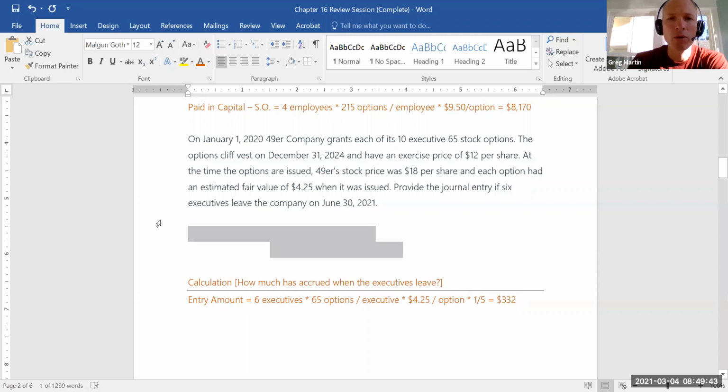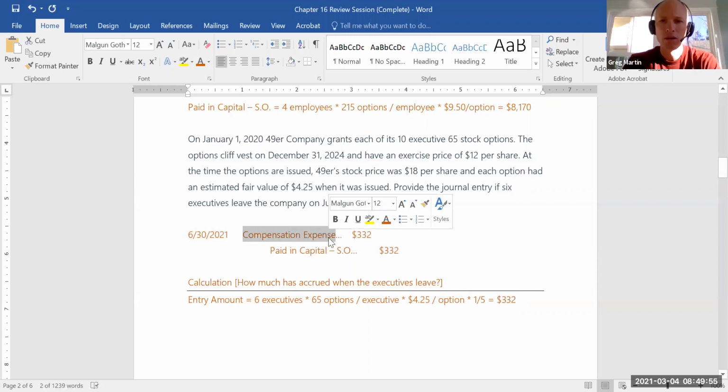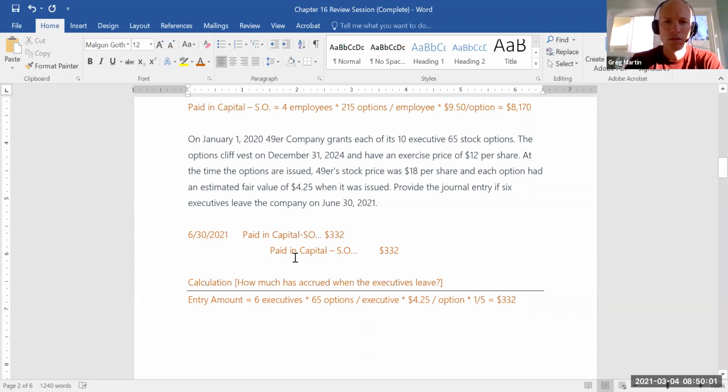Similar to the problem that we had done above, we just unwind the previous journal entries. So we take the compensation expense. I flipped those. I need to fix that. There we go.